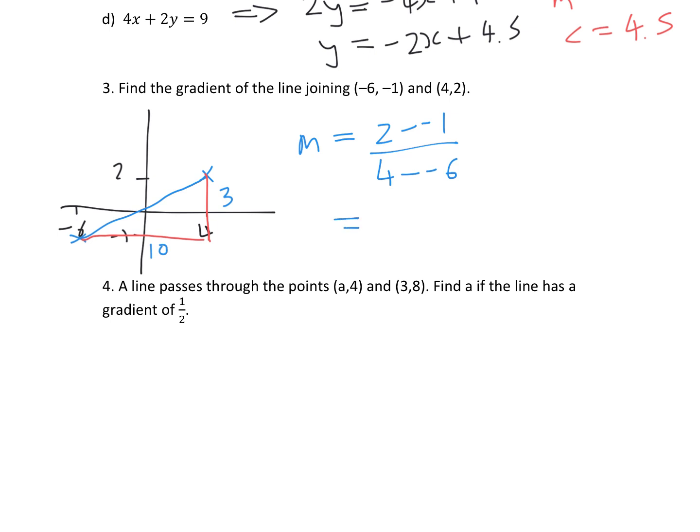And that gives 2 take away minus 1 is 2 plus 1, which is 3, and 4 take away minus 6 is 4 plus 6, which is 10. So the gradient of that line is 3/10.